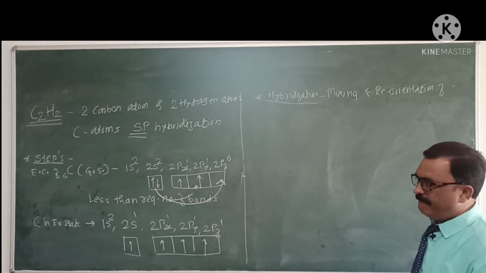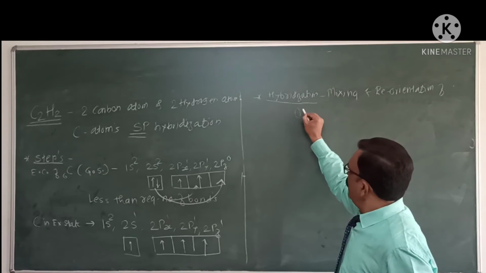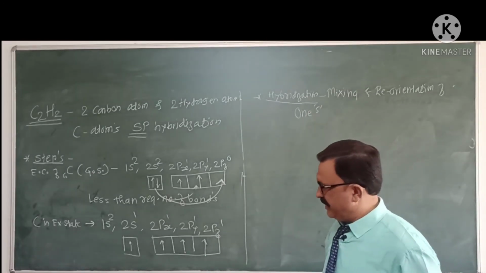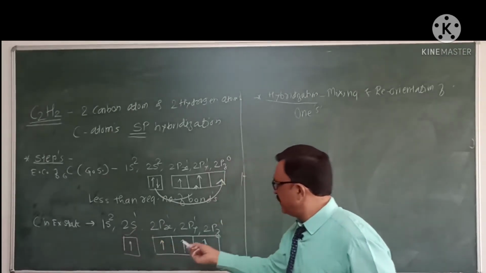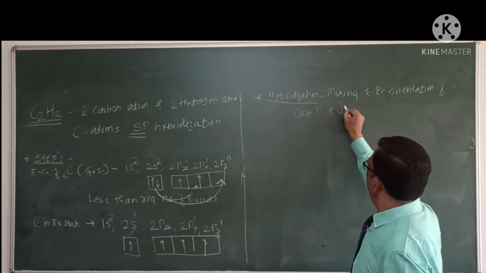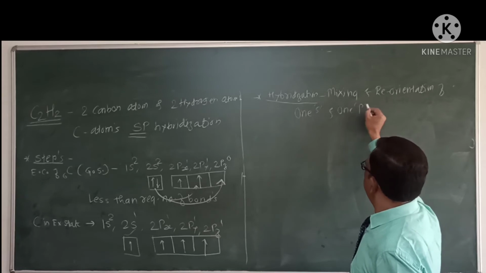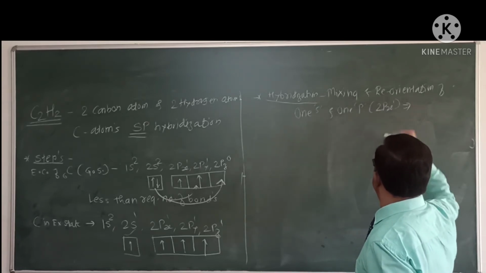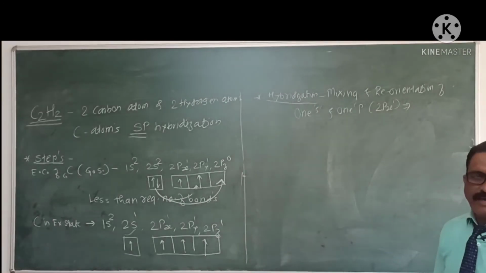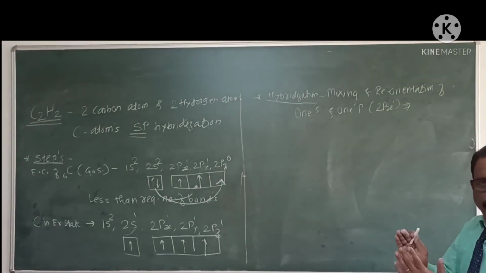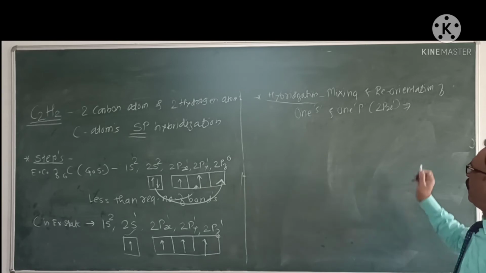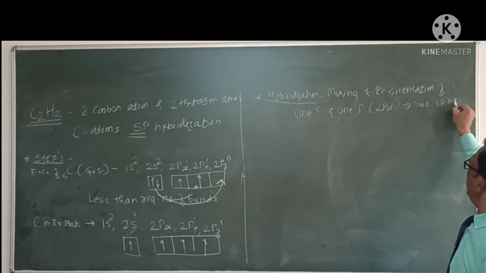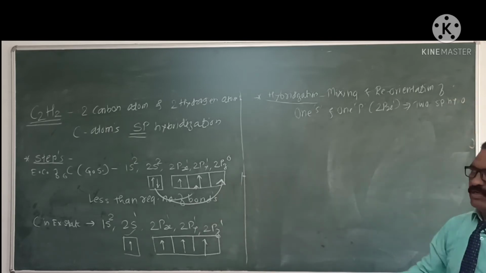Here only one s, that is 2s1, and one p, that is 2px1, atomic orbitals are mixed together to form 2 sp hybrid orbitals.